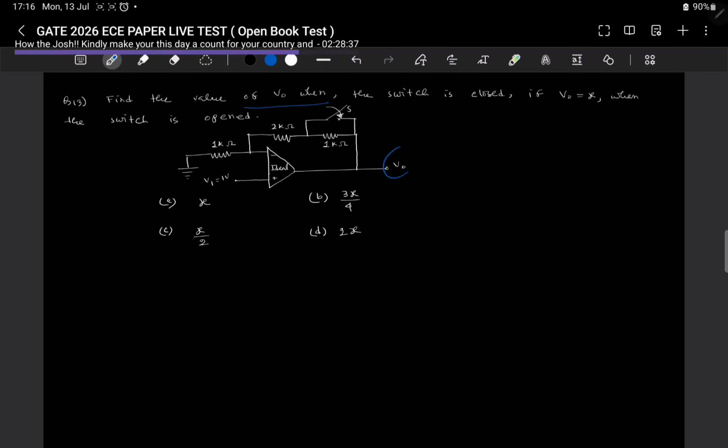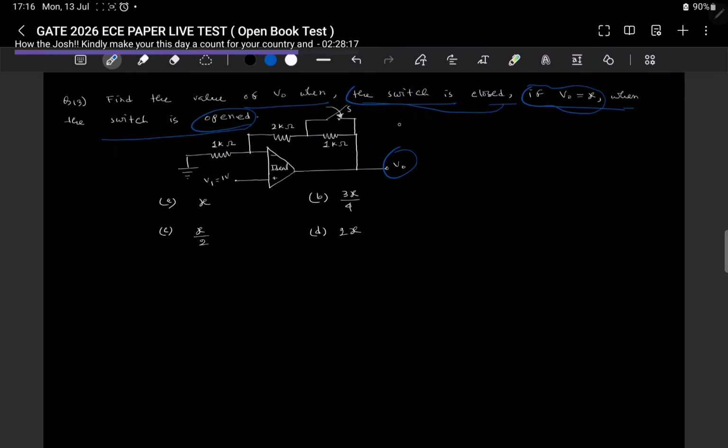Here, find the value of VO. The switch is closed if VO is X when the switch is opened.